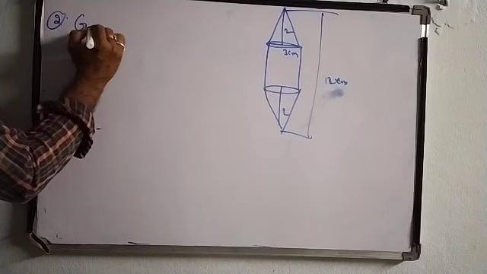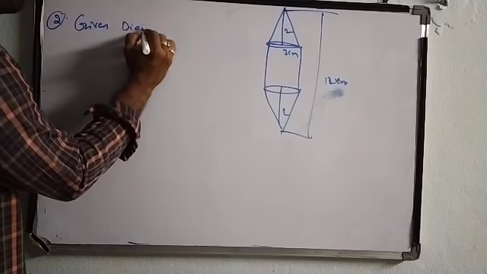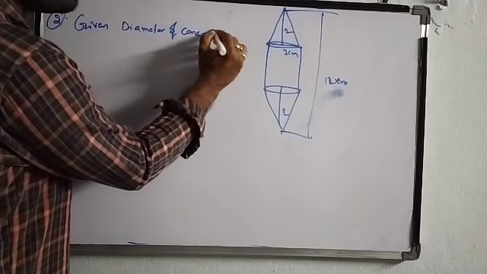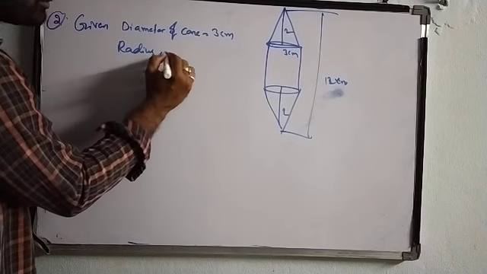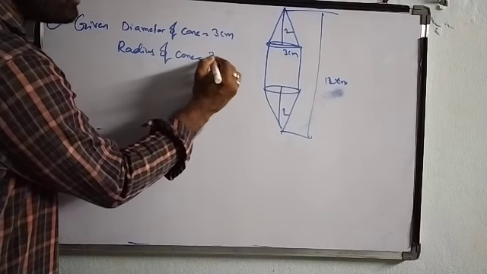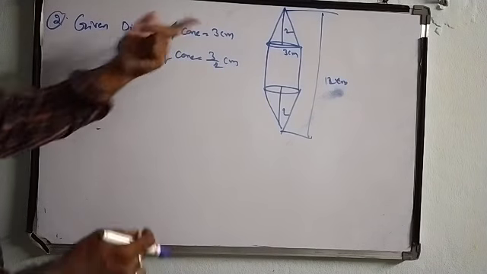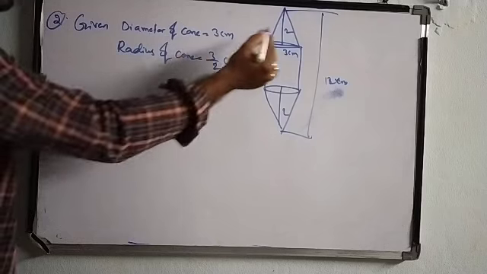So given diameter of cone which is 3 centimeters, so radius of cone is 3 by 2 centimeters. Don't make the calculation complex by making it 1.5. It's better to make it a fraction so that we can get cancellations.